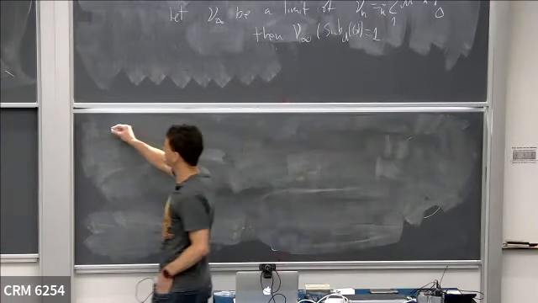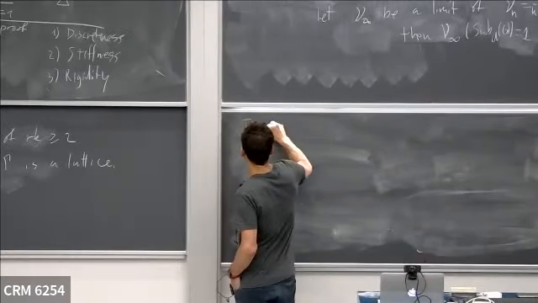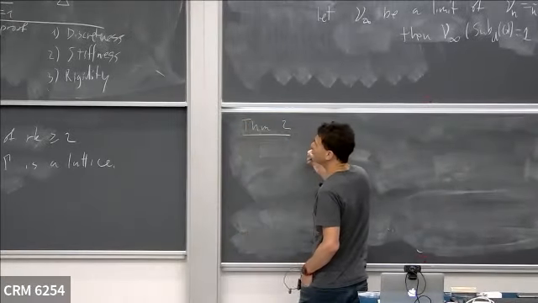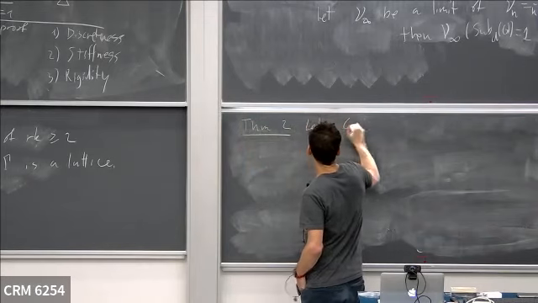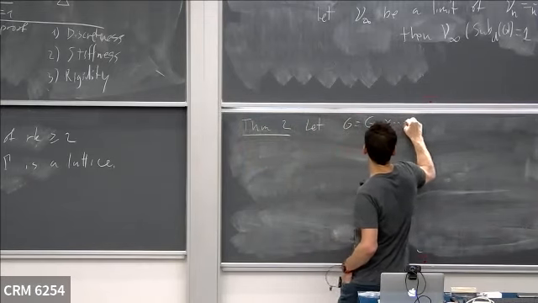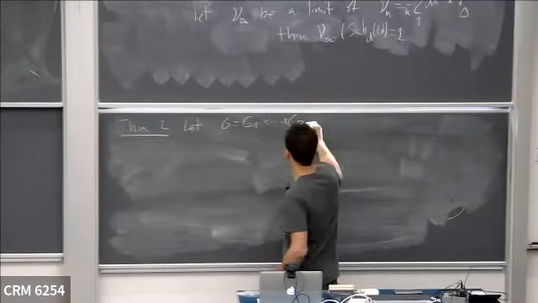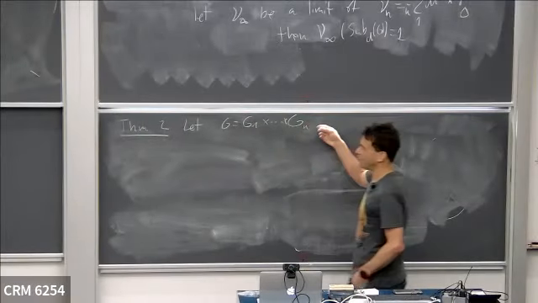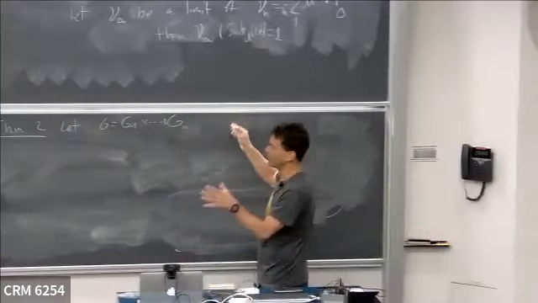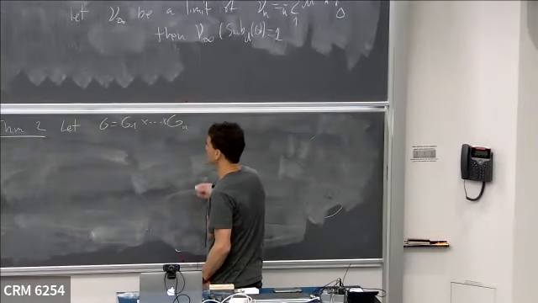The second step is stiffness, which is the following theorem. Let G, let's say G1 times ... times Gn, be semi-simple. I want it not to be simple because it's more interesting to state it in that case.